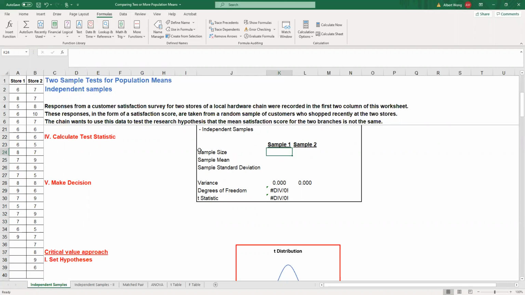Now, before we go into the calculation of statistics, how do we know that the 2 samples are independent samples? The criterion is that there's no overlap between the populations that we are taking the samples from.